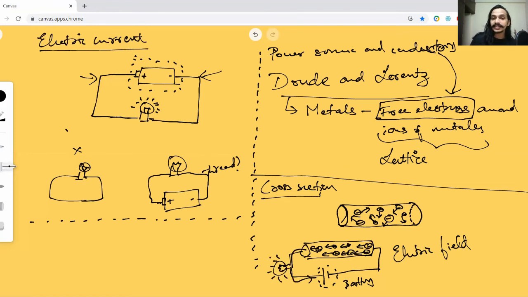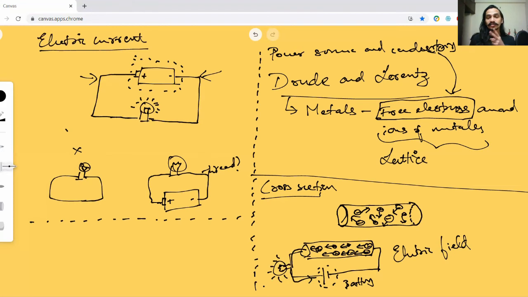All right. This is the simplified method to understand exactly what current is and how it works. To summarize it, for current to move, we need two things. We need a conductor which has a lot of free electrons, and we need a source of power.